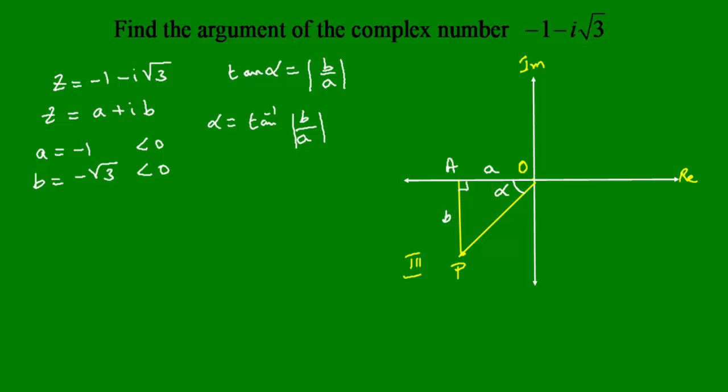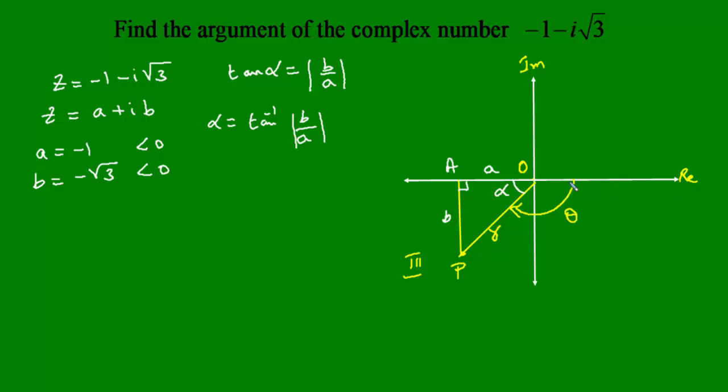Now we are ready to find the amplitude or the argument of this complex number. Therefore, the argument is this angle theta, right? So this is the angle theta, which this r, the radius vector, makes with the real axis.